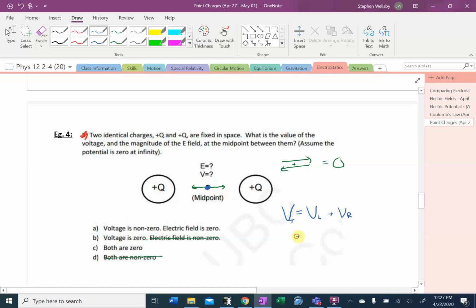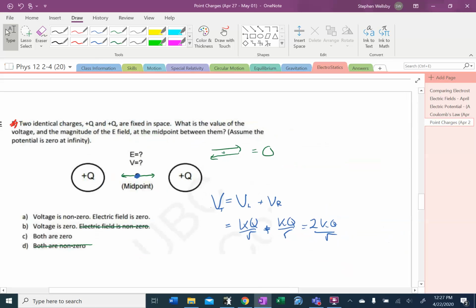In this case here, the potential from the left charge is going to be kq over r. The potential from the right charge is going to be kq over r. So if we add these two together, we have 2kq over r.